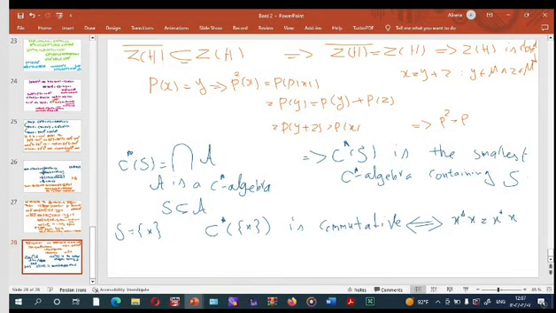This is very trivial because any element of this has this form, for example, x to some power and x star to another power.